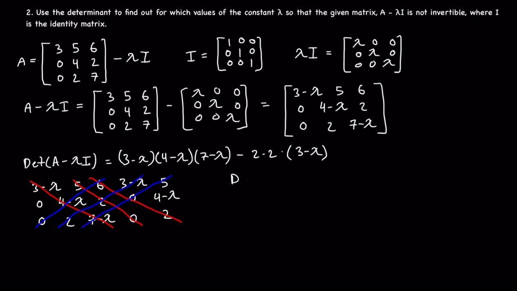So let's simplify this part. The determinant of A minus lambda I is going to be equal to, and I'm going to factor out 3 minus lambda. So that's 3 minus lambda, and then we multiply it by, actually let's just expand. For this part, 4 times 7 is 28.